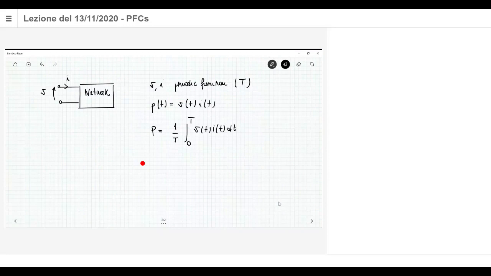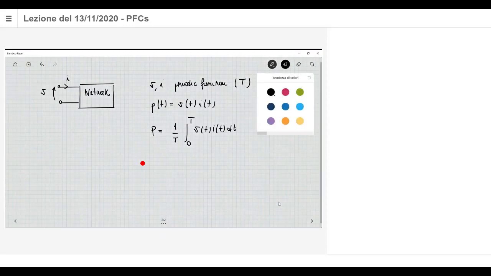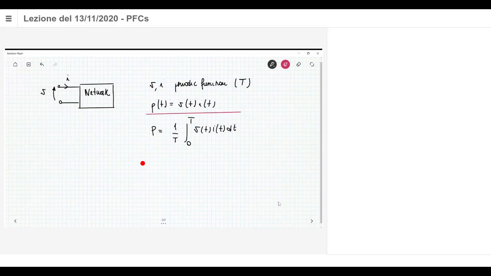So we have to look at this average power, and since V and I at the input port are generic periodic functions, we can express V and I in terms of Fourier series. So V and I as a summation of infinite sine waves with different amplitudes and different frequencies, and each of these frequencies is an integer multiple of a fundamental one.